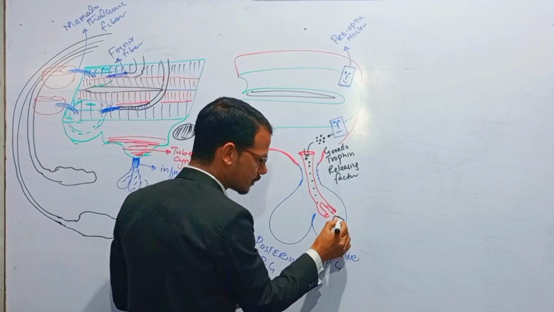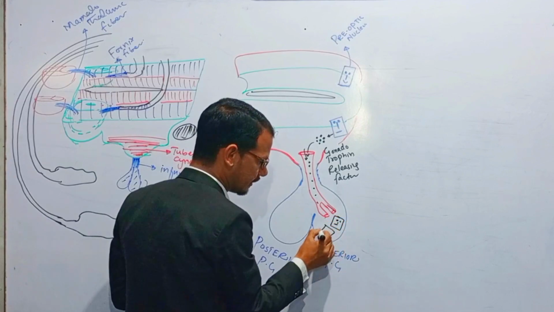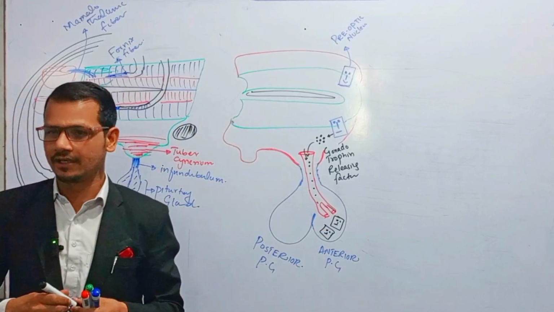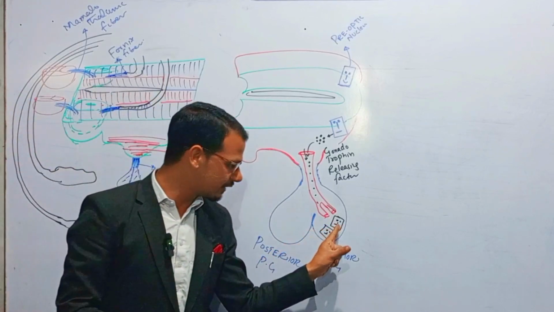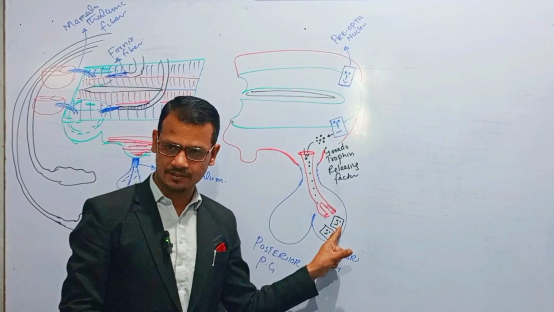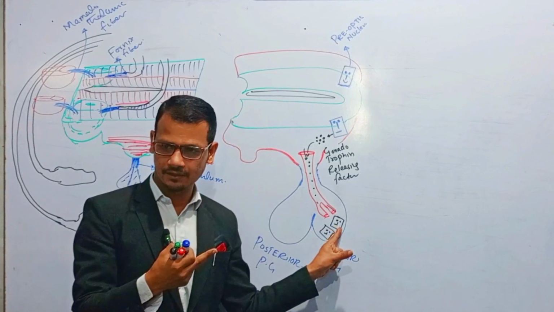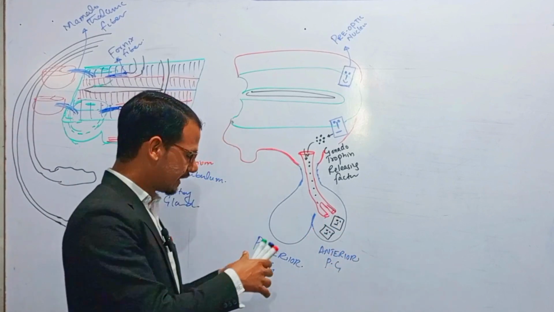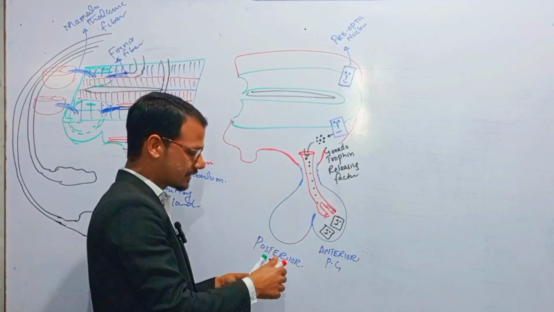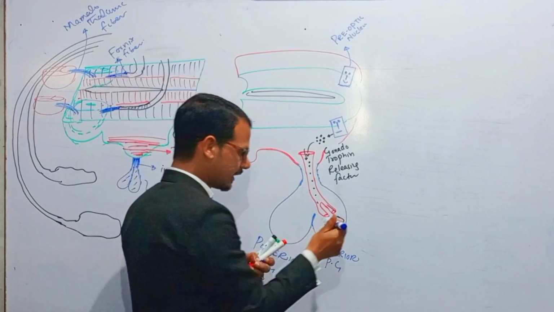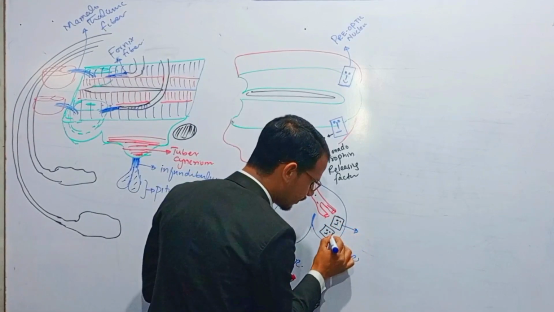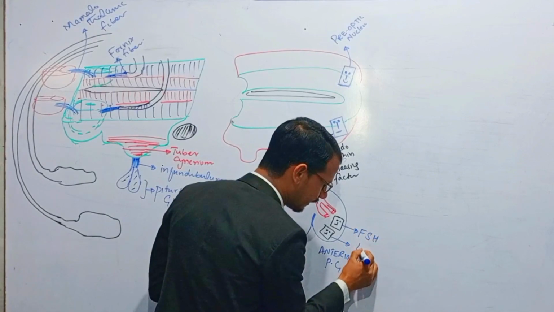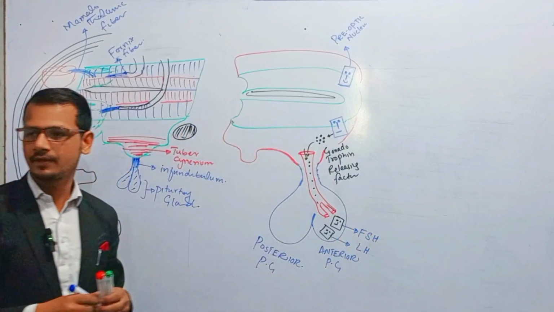Here are two special cells, called gonadotropin secreting cells. This one is the follicle stimulating hormone secreting cell, and this is the luteinizing hormone secreting cell. So the gonadotropin releasing factor acts on these cells, and these cells are stimulated to produce follicle stimulating hormone and luteinizing hormone, right?